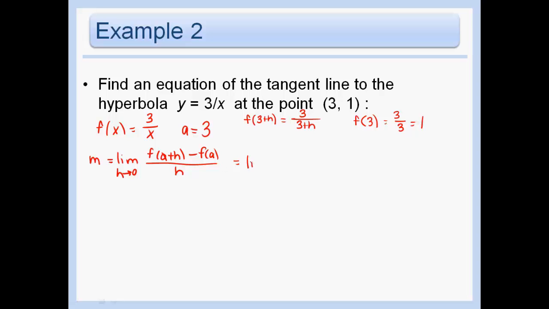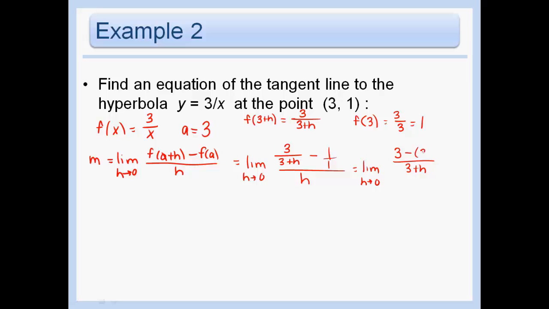So we're doing the limit as h approaches 0 of 3 over 3 plus h minus 1, that's f of a, all over h. Let's go ahead and get a common denominator on the top. I'm going to use 3 plus h. I didn't have to do anything to my denominator, but to go from a 1 over 1 to a 3 plus h, I need to multiply by 3 plus h on the bottom.